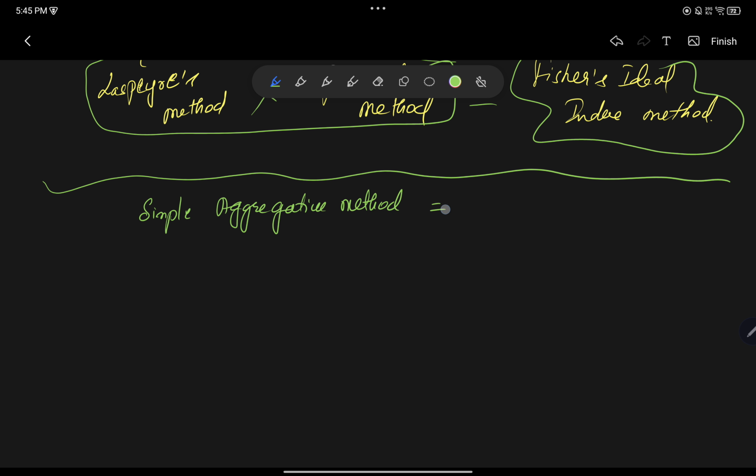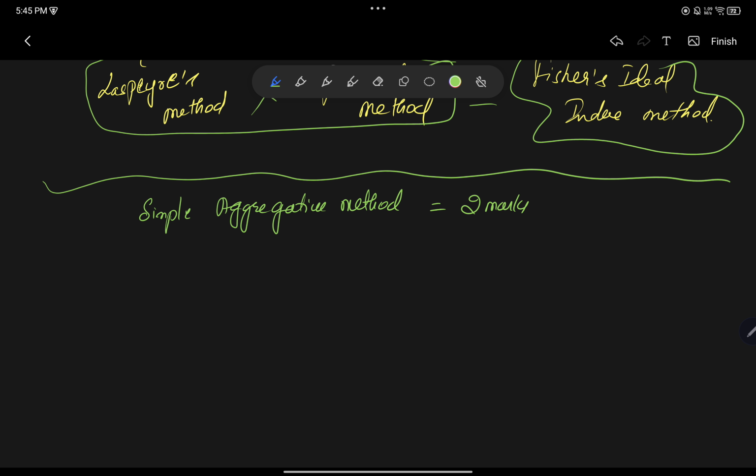That is for a 2 marks question, or they may give a few more commodities if the question paper setter wants to make it simpler. The question paper setter can ask it for 5 marks also, but the chance is very low.